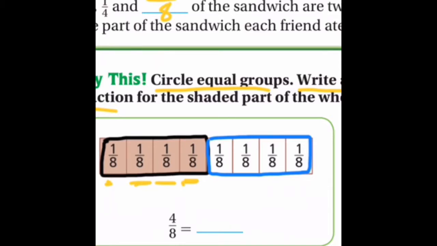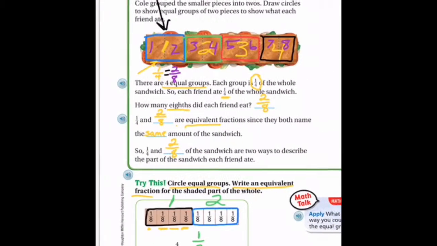Now I put my 2 rectangles around there. I have 1 here, and a second rectangle there that are the same size. That's important. So 4 eighths, or how much is shaded in? 1/2 is shaded in, because I made the 2 rectangles the same size. Each one was 4 eighths, and one of them is shaded in, the other one's not, so that's 1/2. So that means 4 eighths and 1/2 are equivalent fractions.